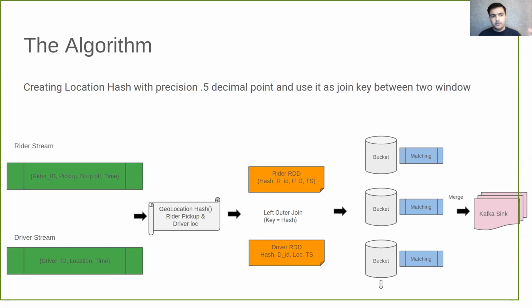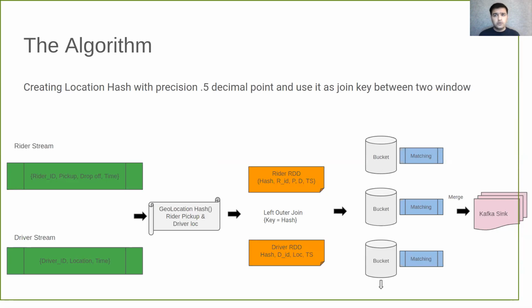The algorithm goes like this. I have two data streams, the rider stream and the driver stream, and I'm first creating a geolocation hash on the rider's pickup location and the driver's current location. The geolocation hash is 5 decimal points. If you look at longitude and latitude, all the numbers after the decimal point represent the radius on the actual map. So 5 decimal points represent around 10 kilometers radius.